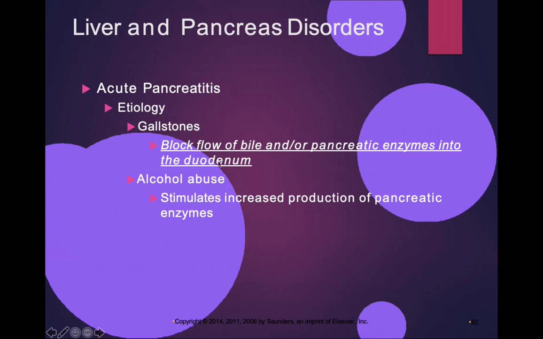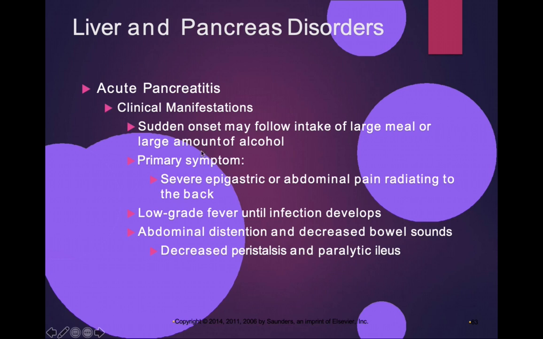And if that flow is obstructed, it'll back up into the pancreas. Alcohol abuse stimulates increased production of the pancreatic enzymes, so it kind of primes the pump. Sudden onset may follow an intake of a large meal or a large amount of alcohol. Because when you eat a large meal, it's priming the pump to produce a large amount of those enzymes.